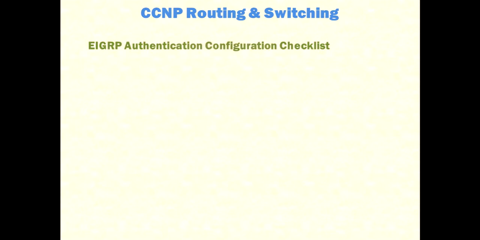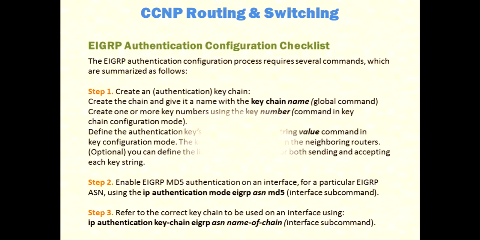EIGRP authentication configuration checklist. The EIGRP authentication configuration process requires several commands, which are summarized as follows. Step 1. Create an authentication keychain. Create the chain and give it a name with the keychain name command in global configuration mode.